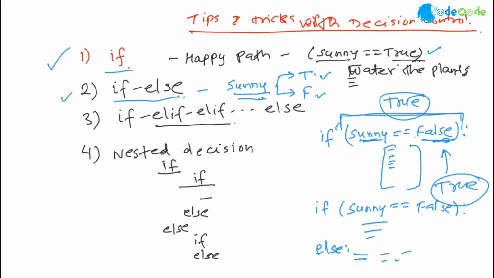The third situation is if, elif, else. A quick recap: there must be one if. It can have one else, and it can have one or more elif. But you can't have only else, and you can't have only elif.